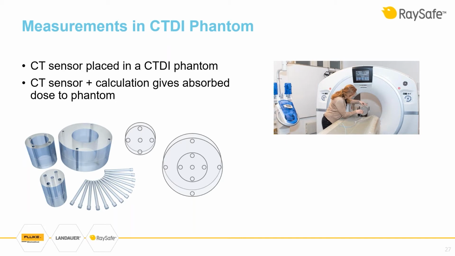The purpose of this phantom is to simulate a patient, and the calculations are made to estimate the total dose to the patient. And you have different sizes depending on if you would like to simulate the chest of the patient or the head, for example.